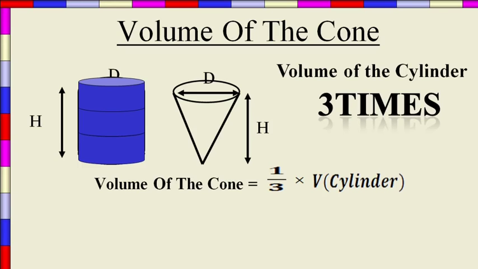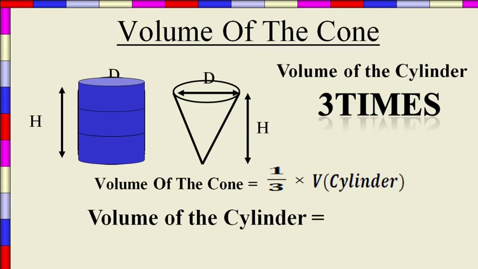Or in other words, we can say that volume of the cone is 1/3 of the volume of the cylinder. So either you say volume of the cylinder is 3 times the volume of the cone, or you can say volume of the cone is 1/3 of the volume of the cylinder.